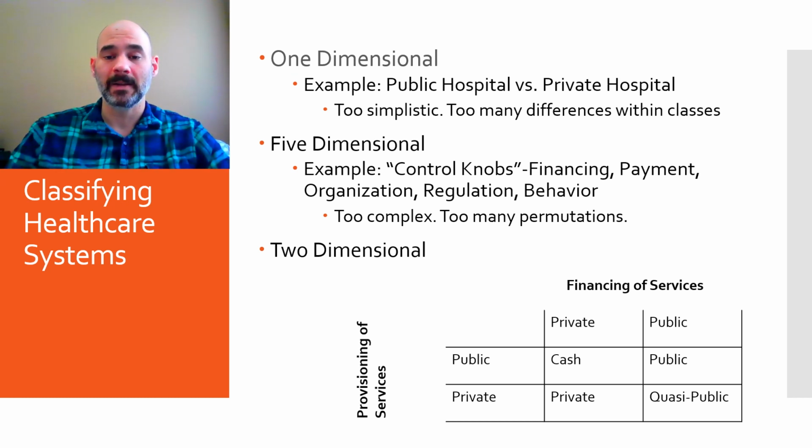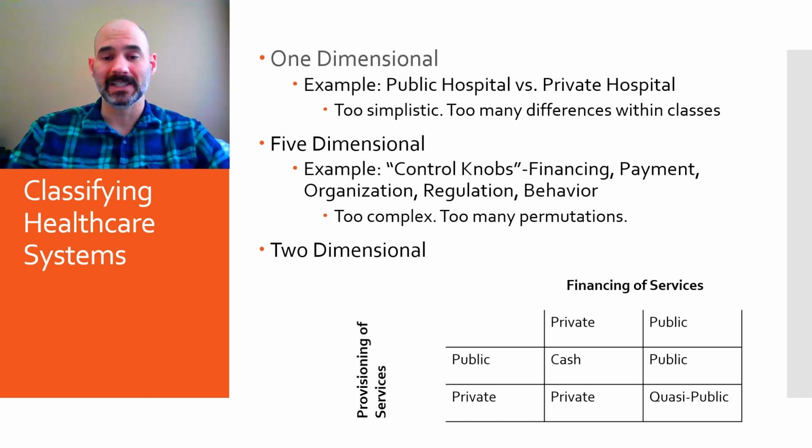And so their Goldilocks solution is to have a simplistic yet a little more nuanced differentiation between healthcare systems along 2 dimensions, where they're going to compare the financing of healthcare services as either being private or public, and the provisioning of those services either being private or public.